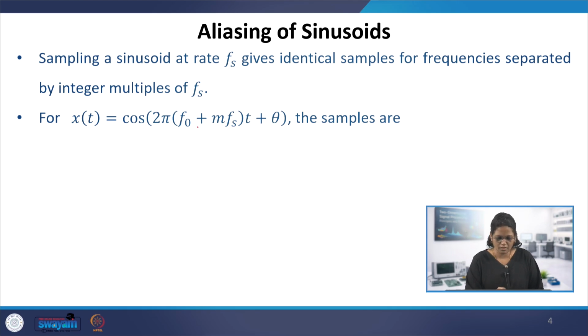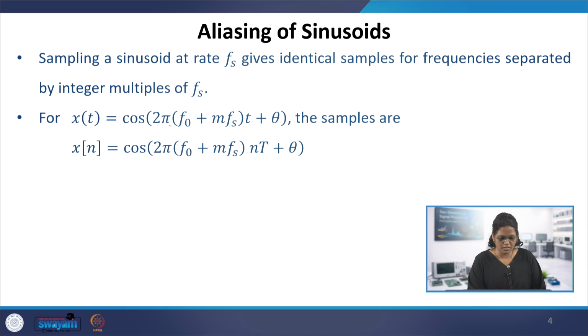So in that case, what are the samples? If f is replaced with f naught plus m Fs, then in the discrete domain, t equals n Ts. Replacing it here, we get cos of 2 pi times f naught plus m Fs, times n Ts, plus theta.